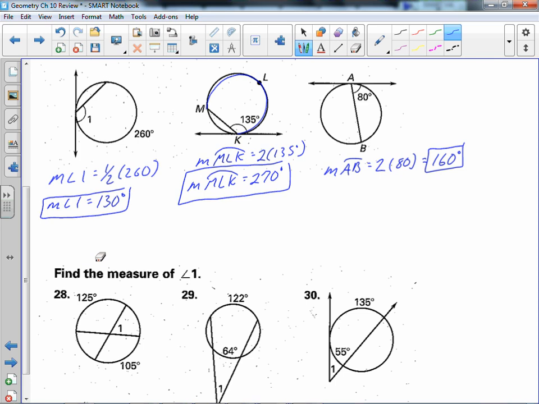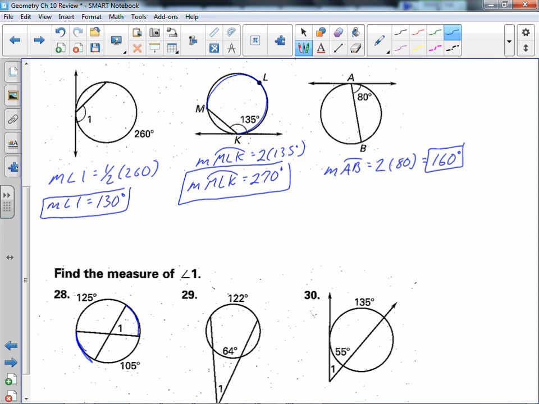Alright, so this next section has a couple of different rules we have to follow. The first one, we've got two chords intersecting inside the circle. So the rule is that the measure of an angle there is equal to half the sum of its arc and the arc of its vertical angle. So those two arcs highlighted in blue, angle 1 is half the sum of those two arcs.